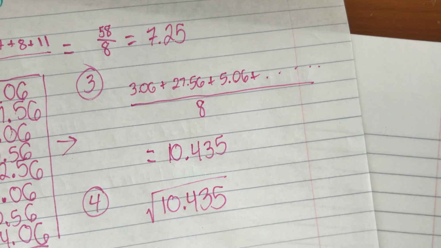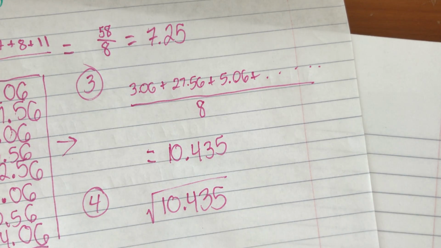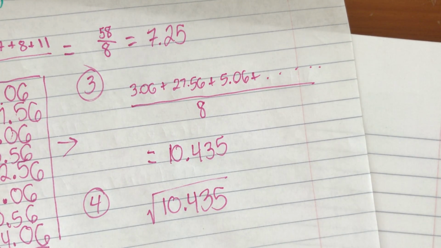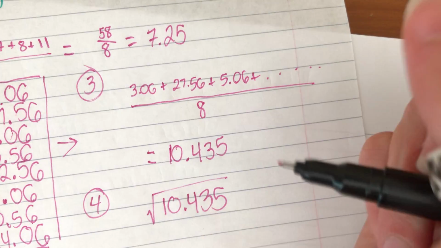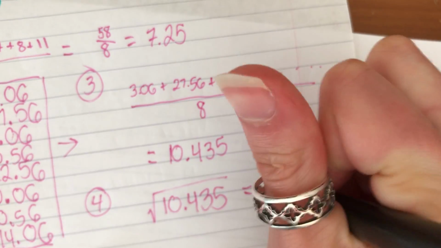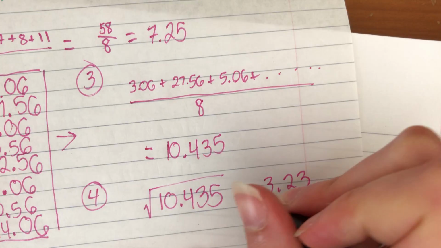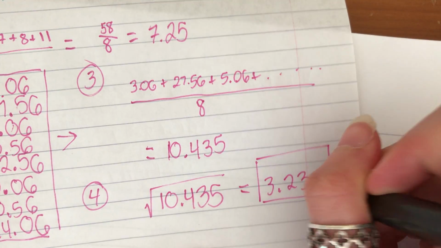Okay, again, going to my online calculator, finding the square root of 10.435. And that gives me 3.23. All right. Boom, there's our answer, standard deviation.